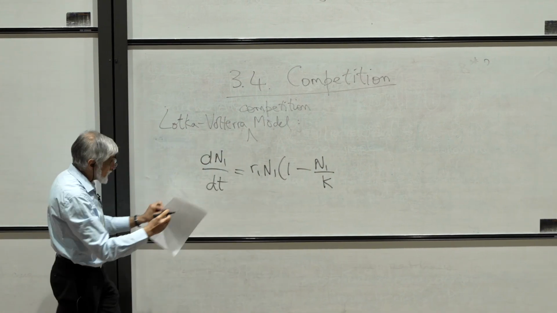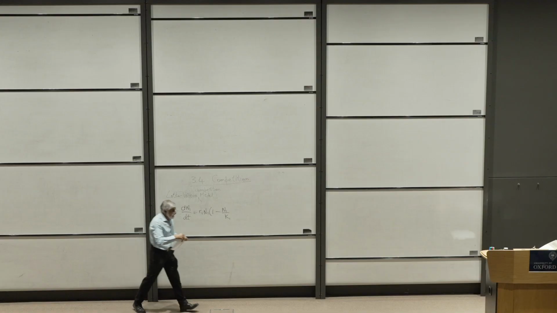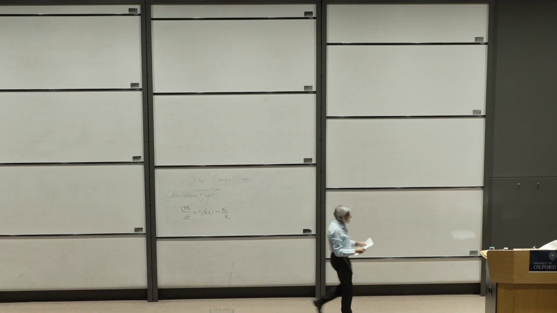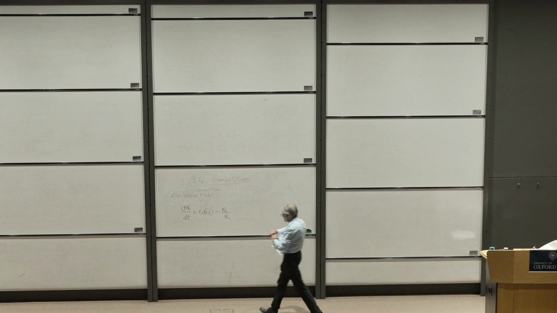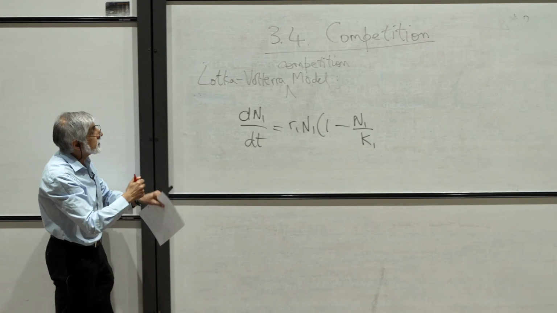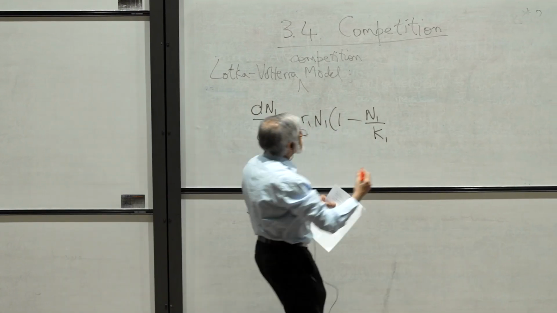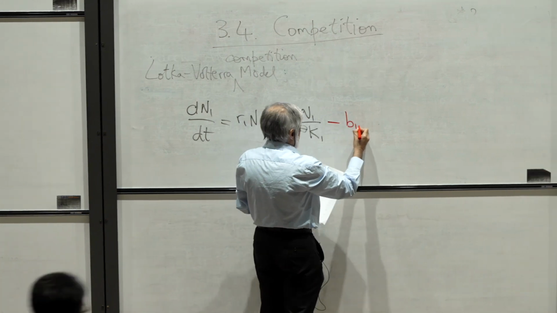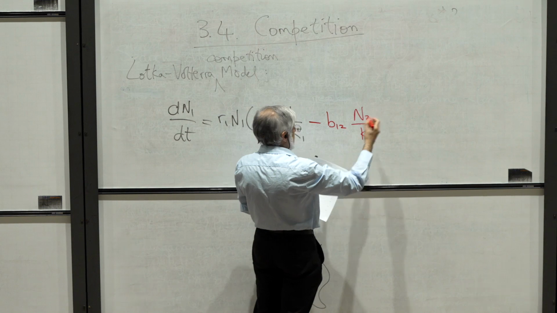So that's our logistic growth model. Now the difference is that they're competing against each other, and so N2 decreases the growth of N1. That's represented by this term.